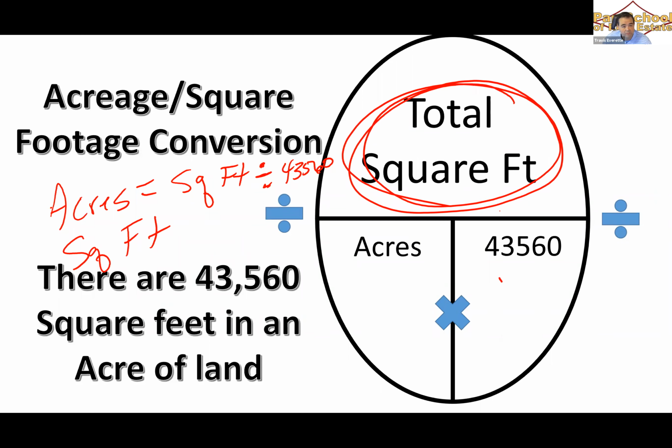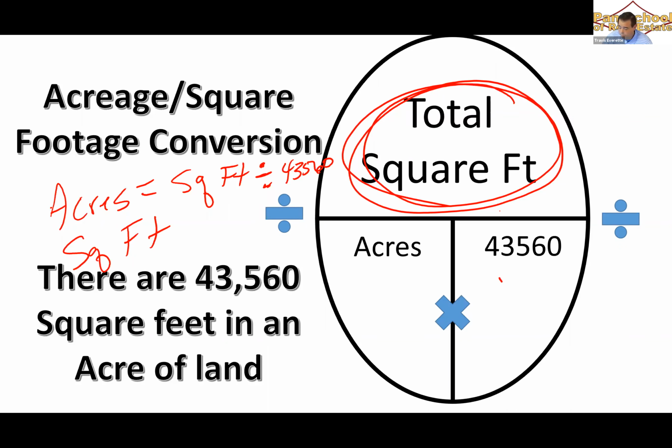Does everybody see that? Travis, do you think it might help if I just suggest what you're starting with? If you're starting with total square feet, that's what you're trying to have to the left of your equal sign. The thing you want to find is going to be on the left side of the equals, and then the other two, stick them on the right. If they're top, bottom, it's division. If they're side by side in the formula, it's multiplication.